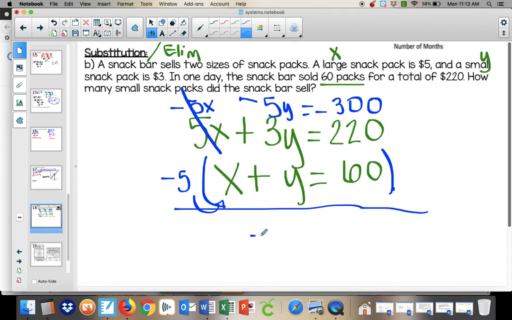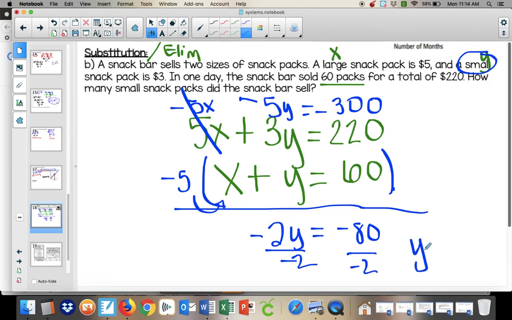Put these together, I get -2y and -80. And we just want to know what the small one is, so I'm just trying to figure out my y. When I divide by -2, y equals 40. So in this case, we sold 40 small snack packs, which means we sold 20 large ones.